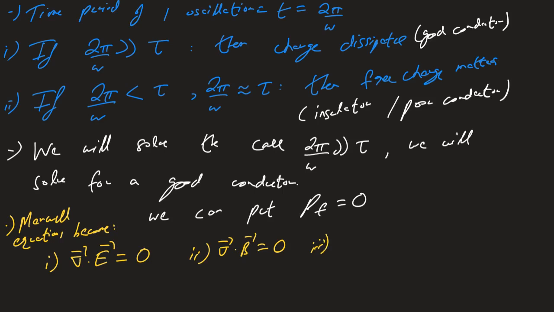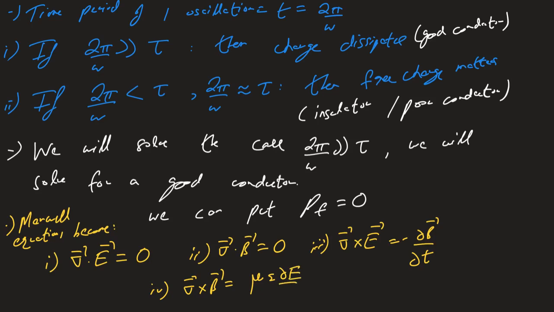The third Maxwell equation becomes del cross E is equal to minus partial B by partial t, once again unchanged. And the fourth Maxwell equation becomes del cross B is equal to mu epsilon partial E by partial t plus sigma mu times the electric field.